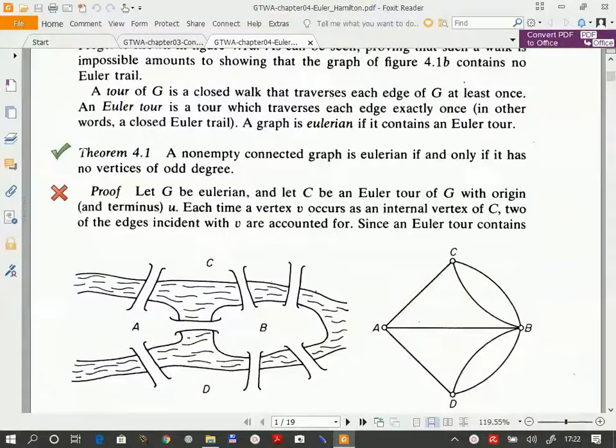But then the idea was running inside Euler's head, and he found actually an answer, which is a mathematical answer now, but it was the beginning of graph theory. He did not draw this graph here on the right.